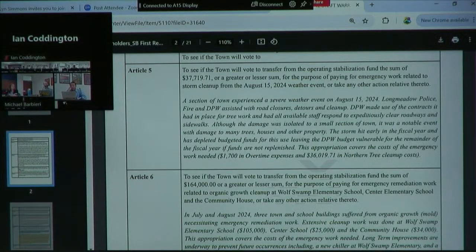Yeah, and so the other one here, this is where I want some feedback. One of the bigger unexpected emergencies we had was mold remediation in 2 elementary schools and the community house. That was $164,000, and I have at this point made a recommendation in this warrant article to fund that through the operating stabilization fund as well.